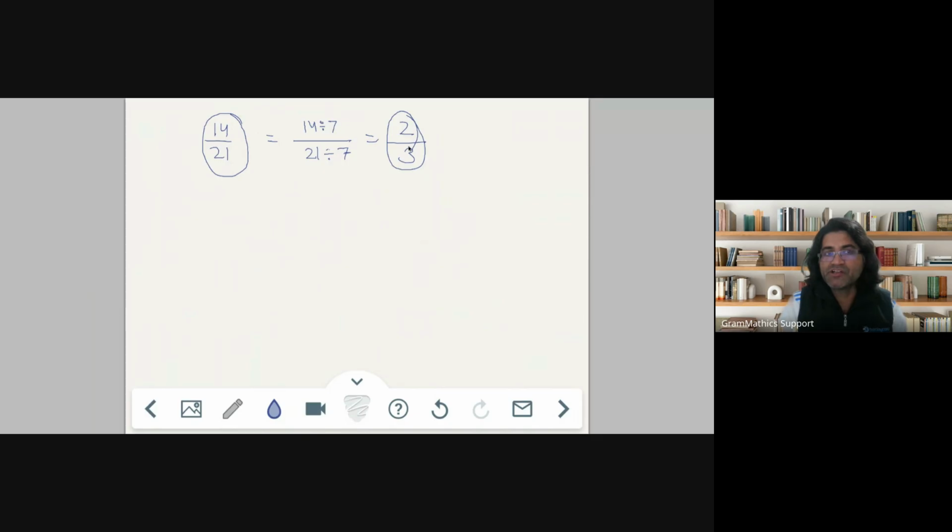Because I cannot divide them any further, this is called a simple fraction. 2/3 is the simple fraction. 14/21 is not, but both have the same value, which is why they are called equivalent fractions.